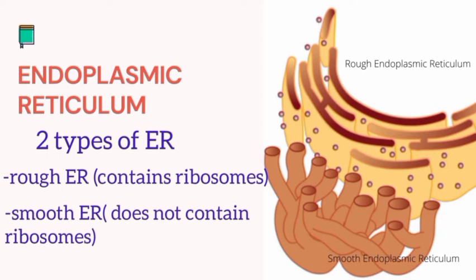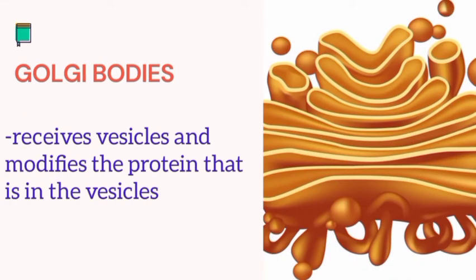Now let's go back to the rough ER. Once the rough ER, by means of ribosomes, makes proteins, the proteins are enclosed in vesicles, and those vesicles get transported to the Golgi body. The Golgi body receives the vesicles and modifies the proteins in them.